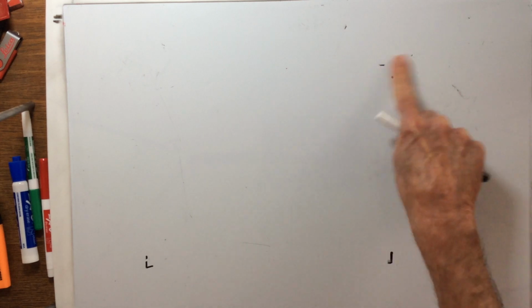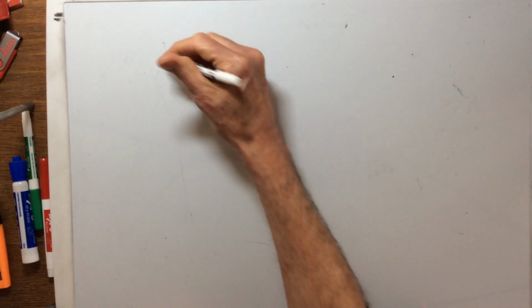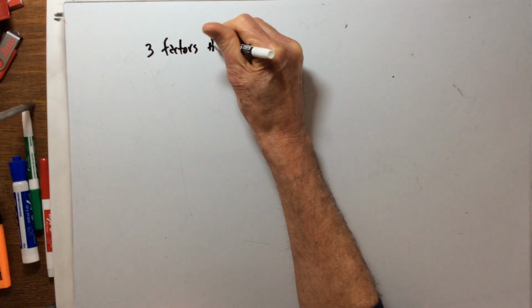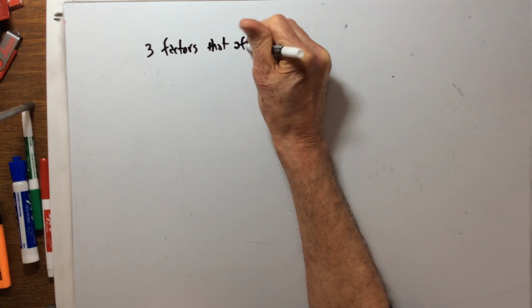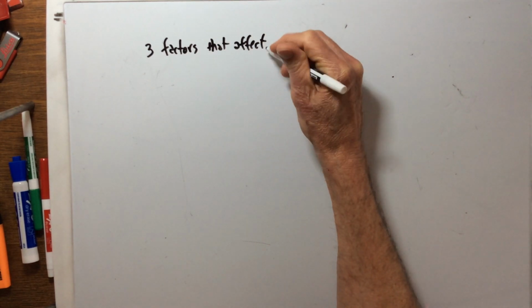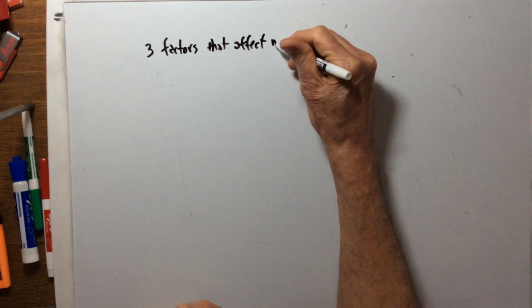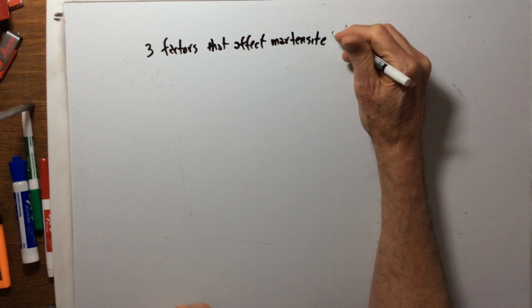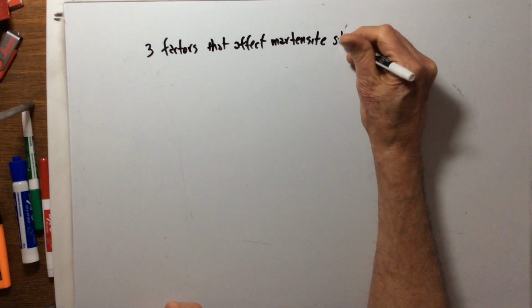So now let's look at three factors that affect Martensite structure transformation.